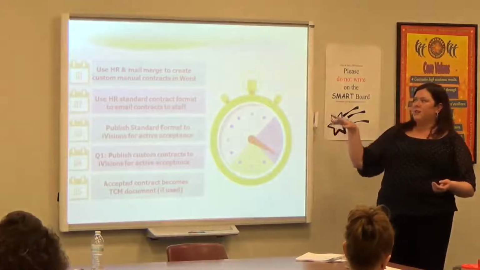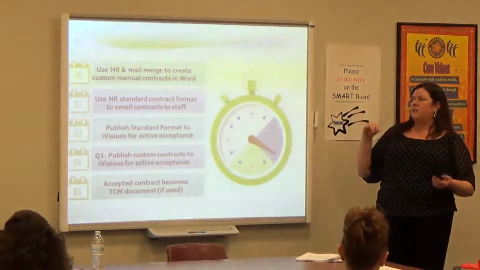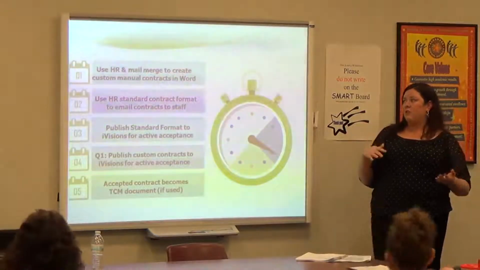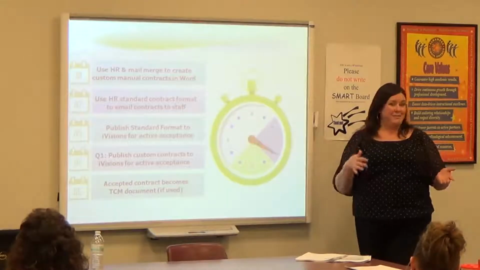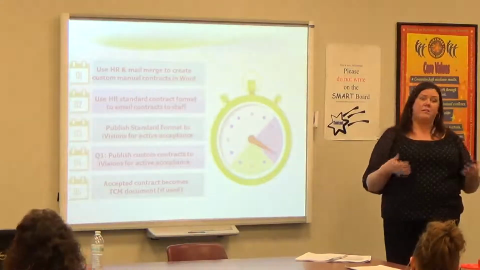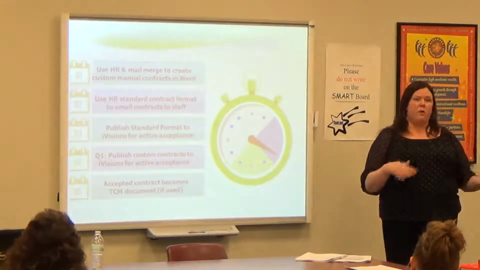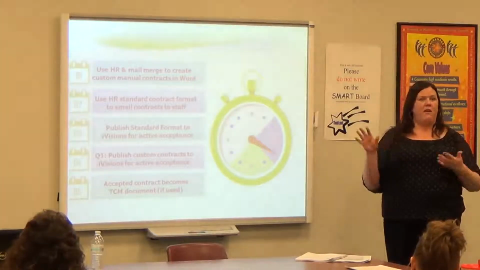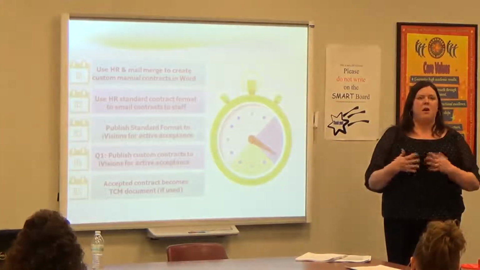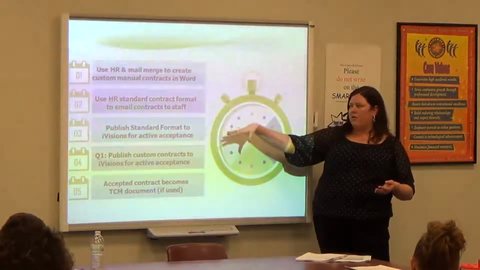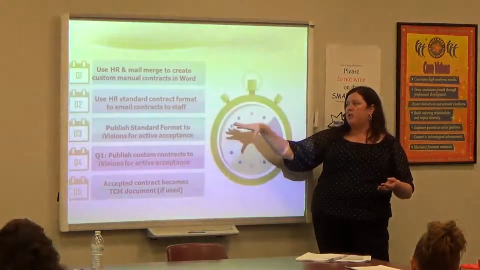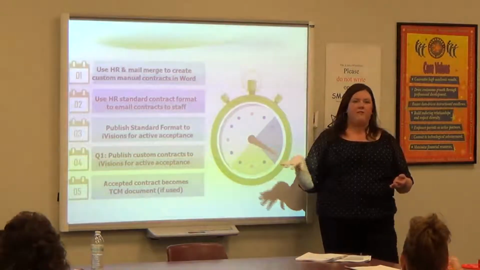So there's not necessarily an easy way of keeping record of it in Visions. The next level of efficiency is to use the HR standard contract format and email those directly from the HR module. Sounds like some of you are doing that now, and that's great because then you have a record of when it was sent to the employee, and you have their email addresses in the system. The next level of integration or efficiency would be publishing the contracts out to iVisions.